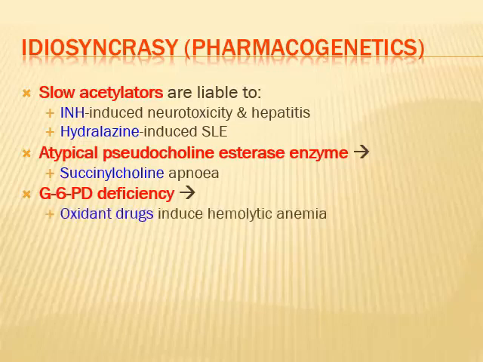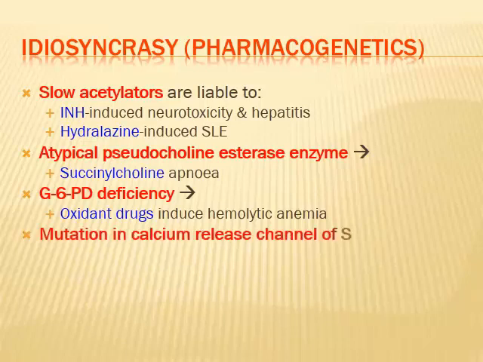Drug-induced hemolytic anemia occurs in the G6PD deficient population, on exposure to oxidant drugs, e.g. antimalarials, sulfonamides, aspirin, etc., due to decreased glutathione synthesis. Mutation in the ryanodine receptor, which is a part of the calcium channel responsible for calcium release from the sarcoplasmic reticulum.